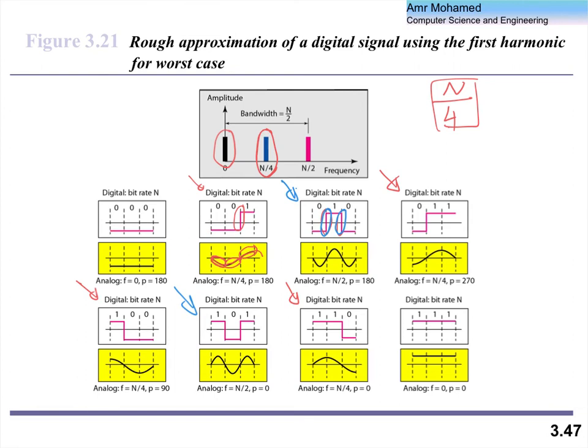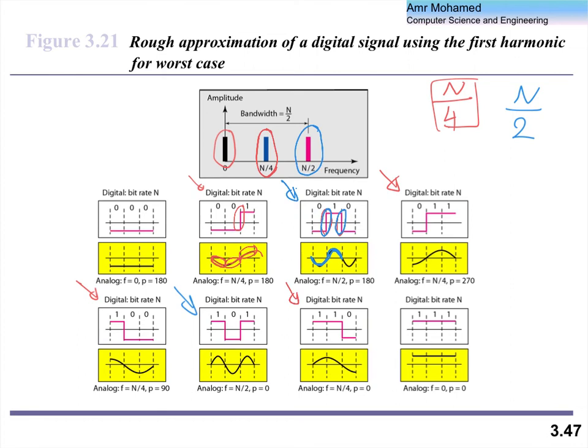In that case, I can use one sine wave cycle to represent 2 bits only. So for 3 bits or 4 bits, I need 2 cycles of sine wave. Is it clear, guys? In that particular case, the frequency is n over 2, which is this component.